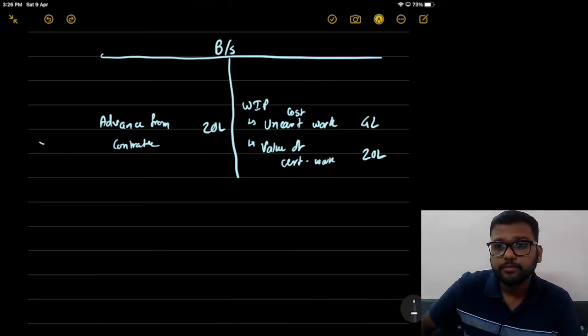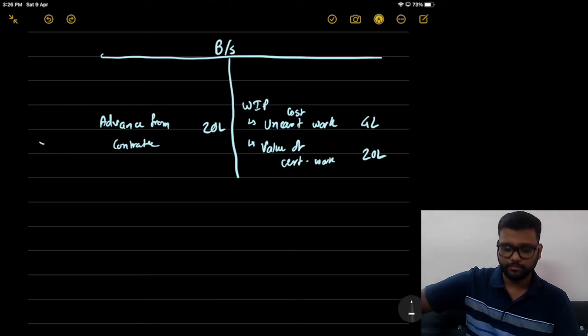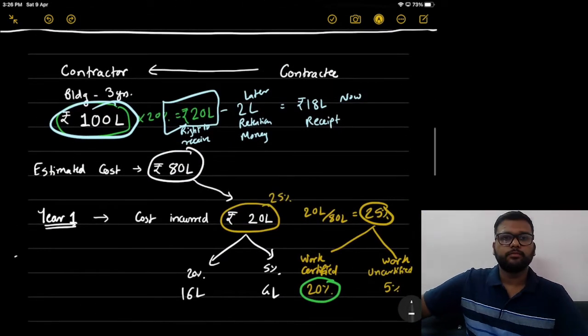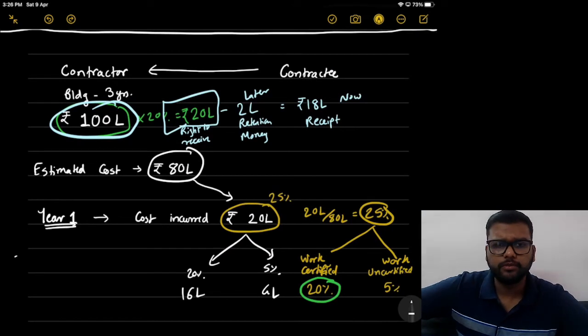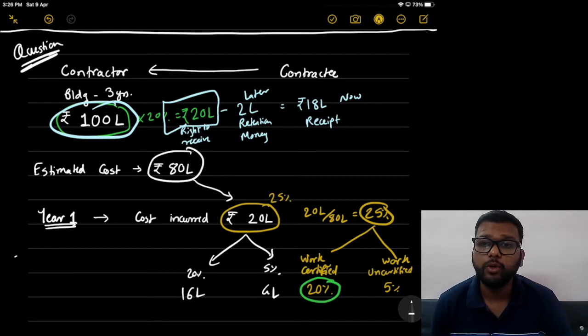Any doubt? Okay, this is 100% clear. Can you note it down first? Note down this question. Note it down properly in your language.